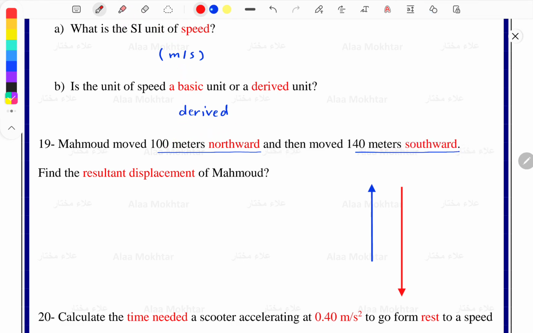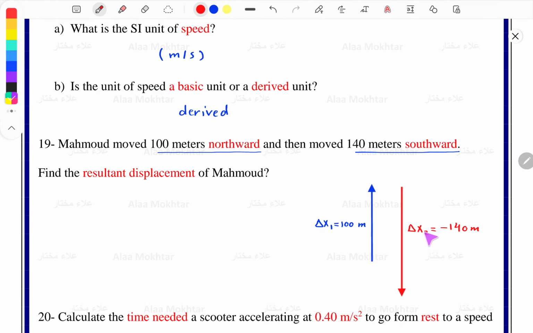Displacement number 1, delta x1, equals 100 meter in positive direction, so I write 100 meter as a positive. What about displacement number 2? Displacement number 2 equals negative 140. Why is it negative? Because it's down to south.